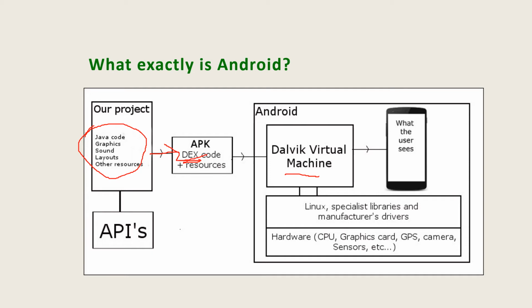The moment you execute it, Android passes the DEX through the Dalvik Virtual Machine, which in turn has connections to an underlying operating system called Linux.